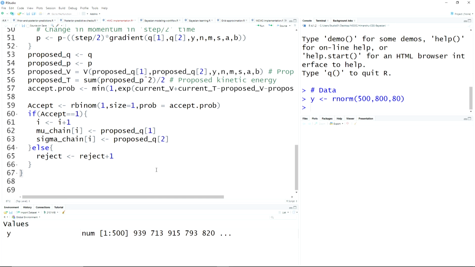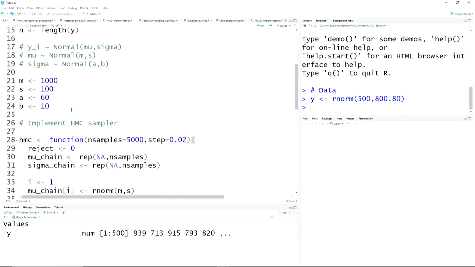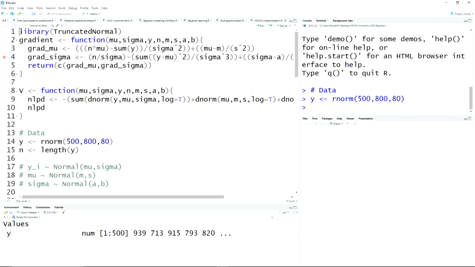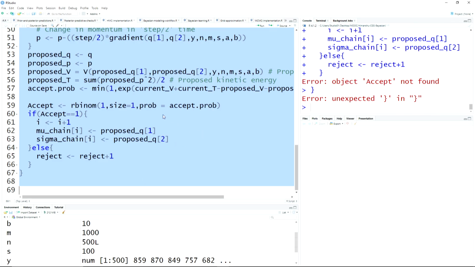All right. So this is a function that will implement an HMC sampler. Okay, except not found somewhere.